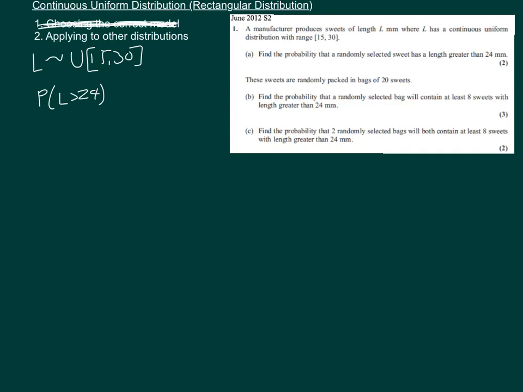So for this question, I'm going to draw a graph, and it's between 15 and 30. The height in this case is going to be 1 over 15, and we're asked to find the probability that L is greater than 24. So mark in 24 on our graph.